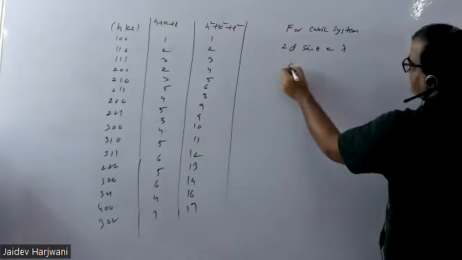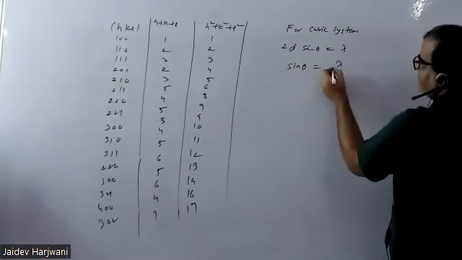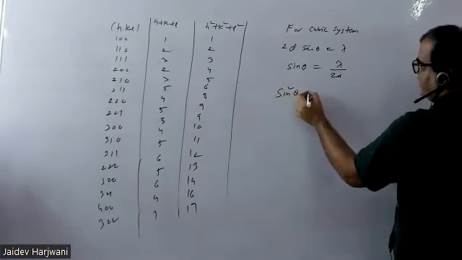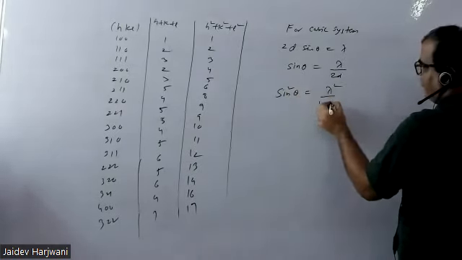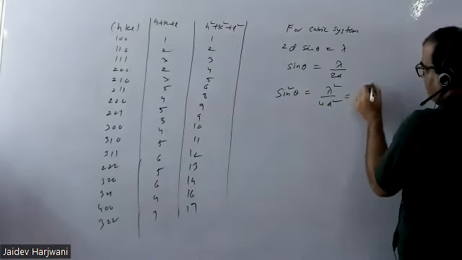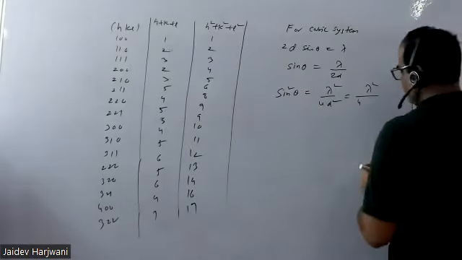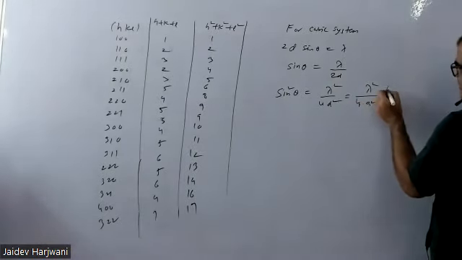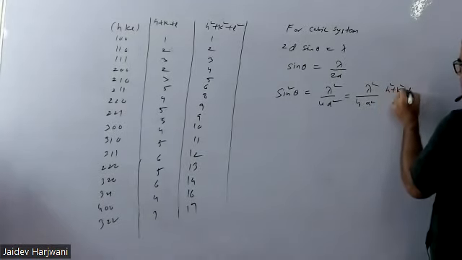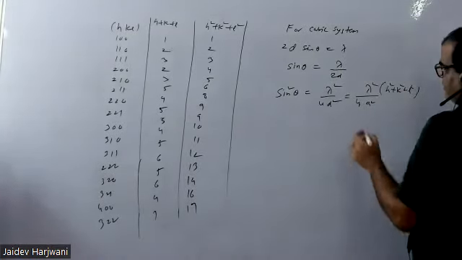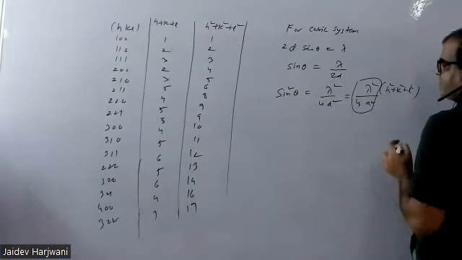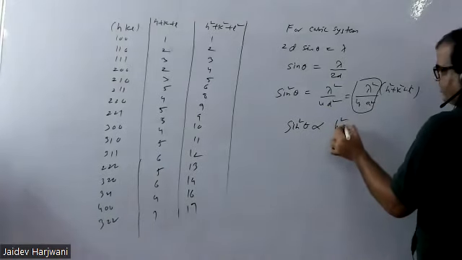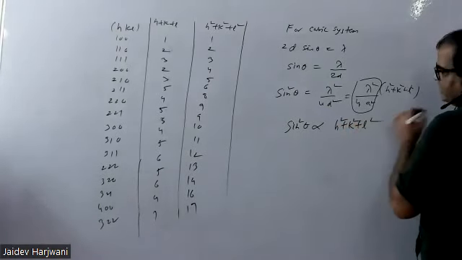So if I write, my sin theta will be simply lambda upon 2d, and if I take sin square theta, that will be lambda square upon 4d square, and d square is what? A square upon h square plus k square plus l square. Okay, so these are constants for a given system. So your sin square theta will be proportional to your h square plus k square plus l square.